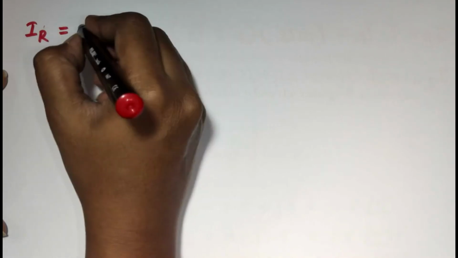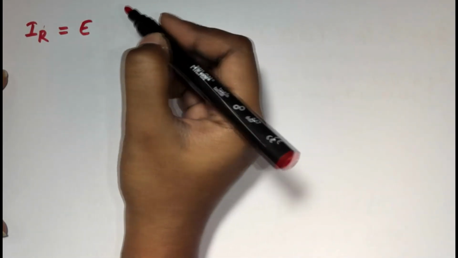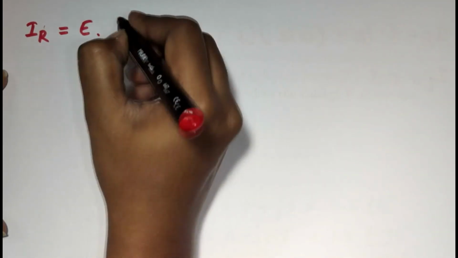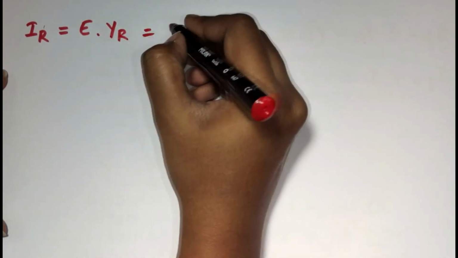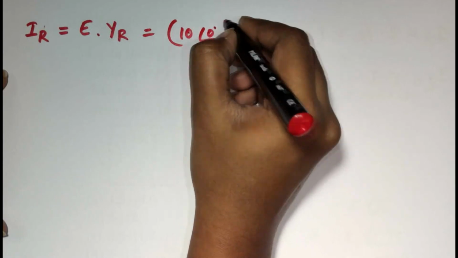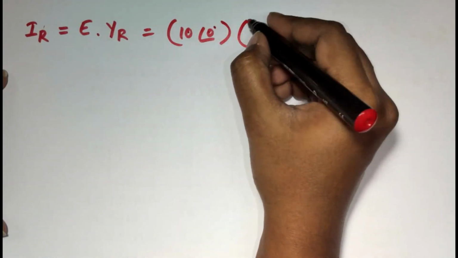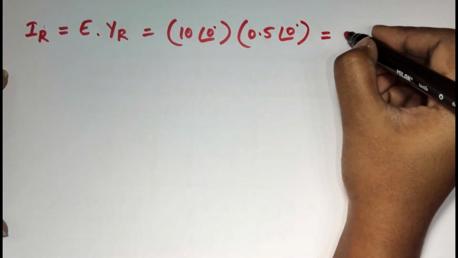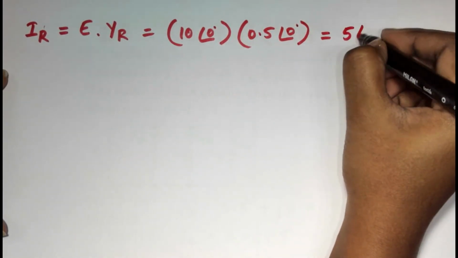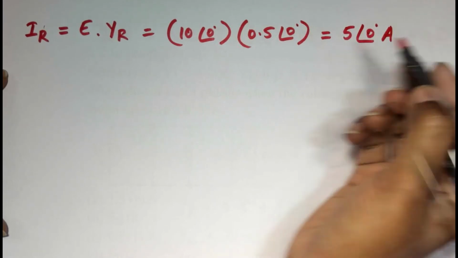The current through the resistance can be written as the voltage E times the admittance YR, and that would be 10 angle 0 times 0.5 angle 0. Multiplying the two gives us 5 angle 0 amps.